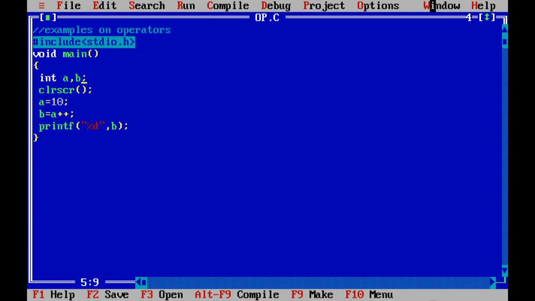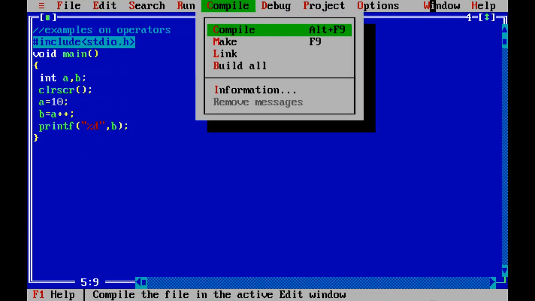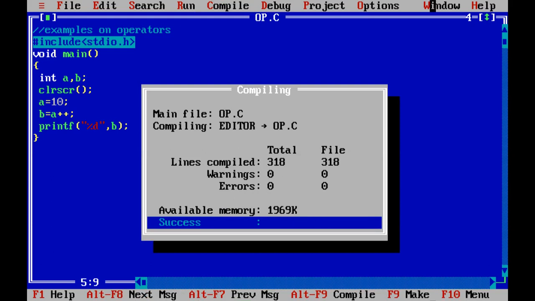Now compile this file and then run the file. No errors. Success with zero warnings and zero errors.